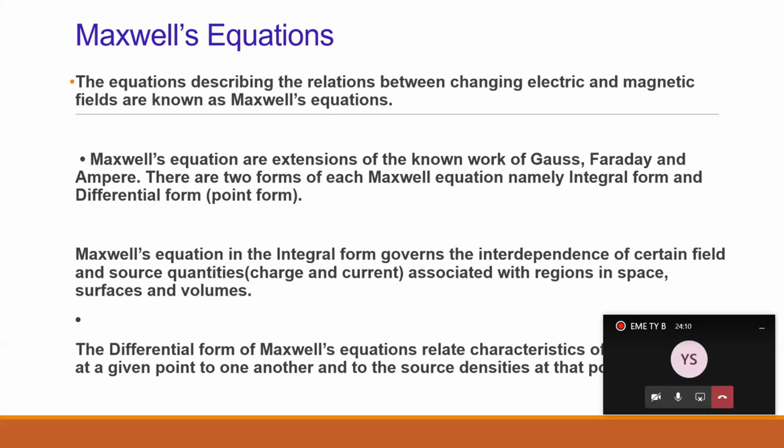Whenever an electric field is present, there is always a magnetic field, because the electric field will move charges. When charges move, there will be a current. When there is a current, some magnetic field is generated, and when there is a magnetic field, EMF is generated. So both the fields are related to each other.